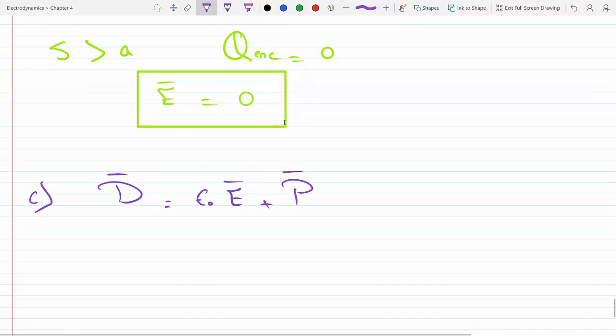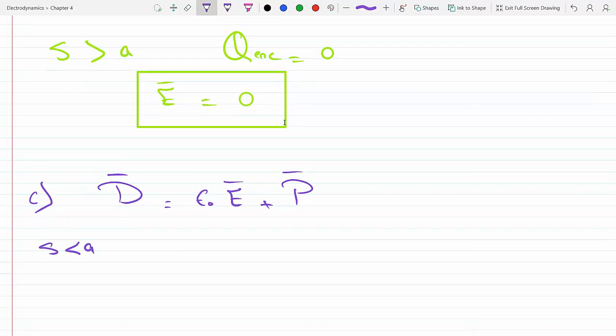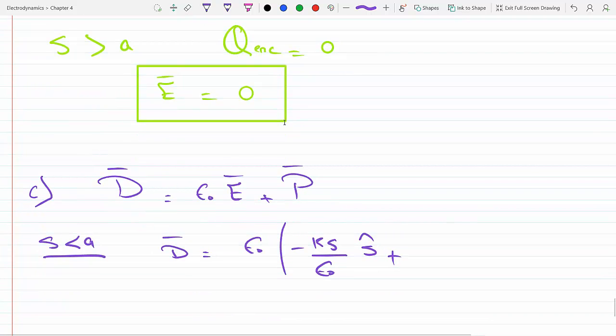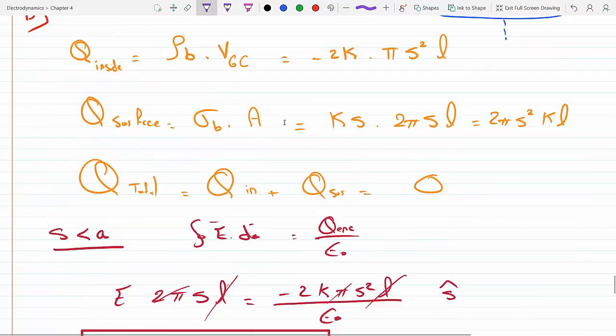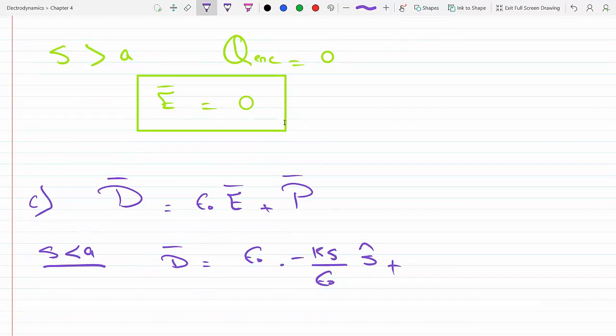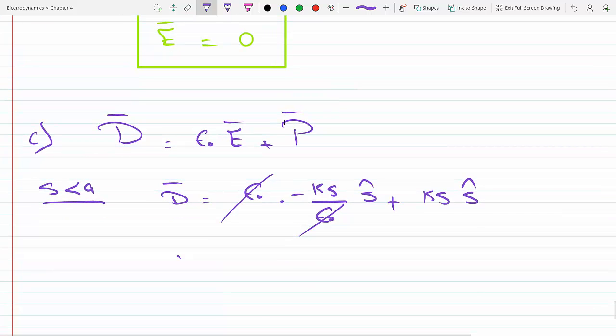So if we go inside, so this is S less than A, we have D equal epsilon E, which turned out to be minus KS over epsilon in the S hat direction, plus the polarization. The polarization is given, it's KS in the S hat, and you could see when we add these two, we get inside D equals 0.